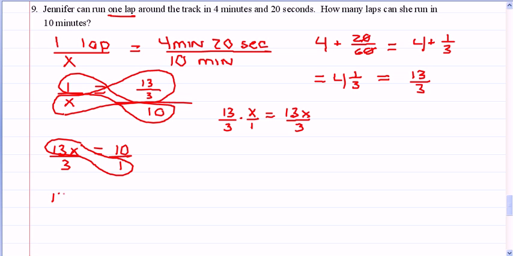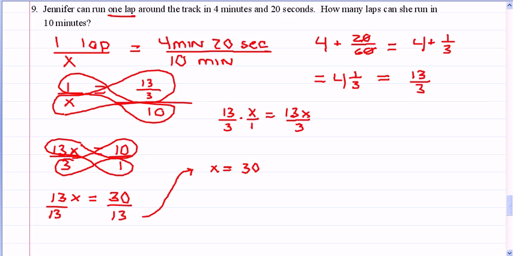13x times 1 is 13x. 3 times 10 is 30. I place my equal sign in between. To solve for x, I divide both sides by 13. And I get x is equal to 30 over 13.